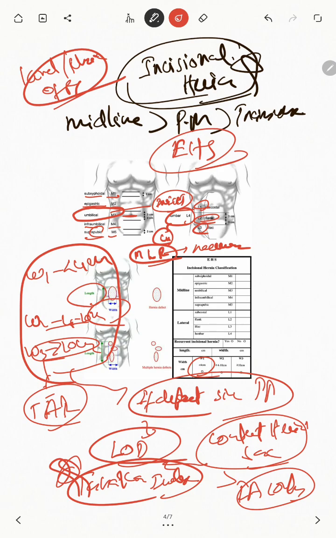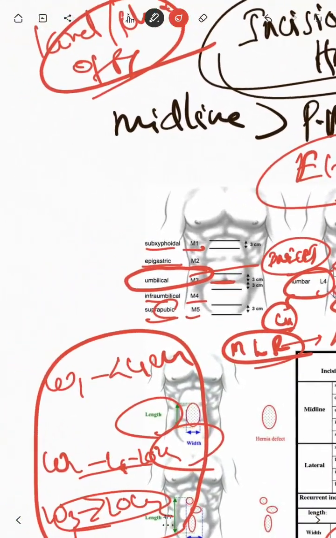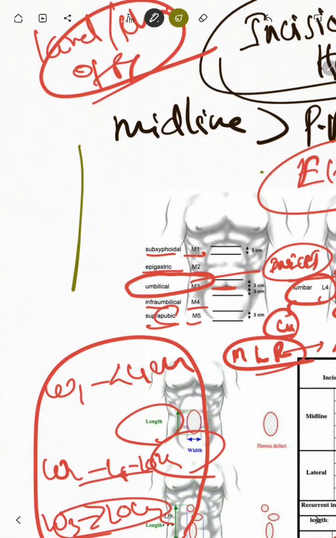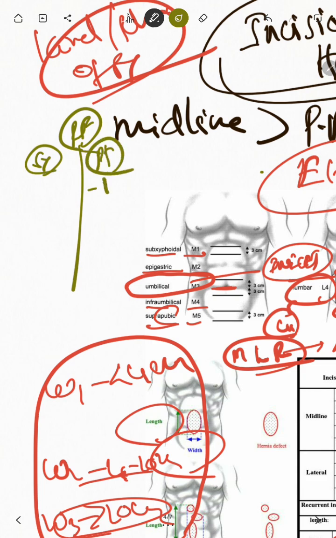So some of the risk factors for your incisional hernias: one is surgery related, the other is patient related. Patient related includes immunocompromised state, anemia, diabetes, obesity, ascites.